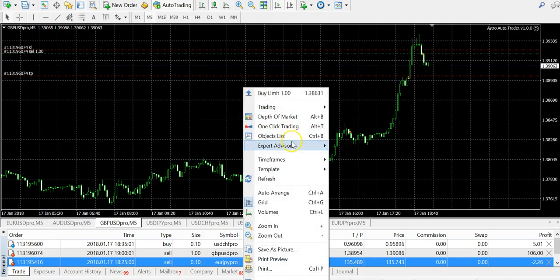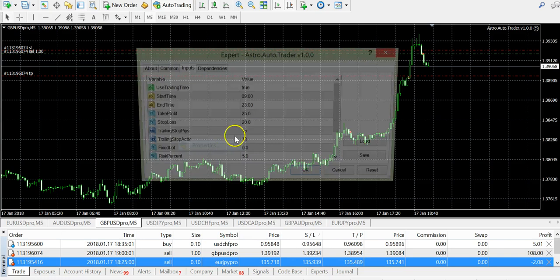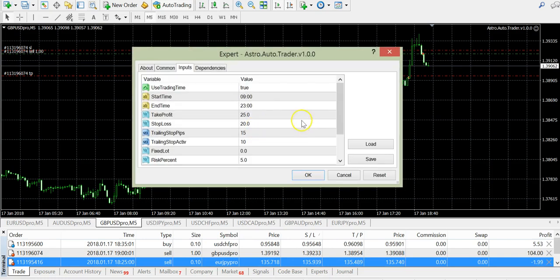So the settings are here, as I explained yesterday. You can set up the time of the day when you want to trade, what session, London, New York, Tokyo, or all. I put here both London and New York sessions together from 9 o'clock to 11 p.m. Then you can set your own take profit limits and stop loss.